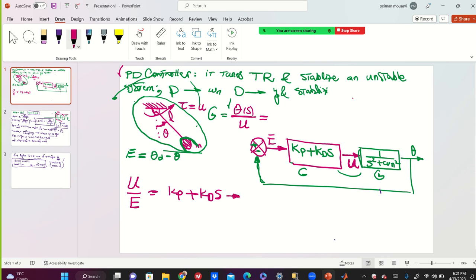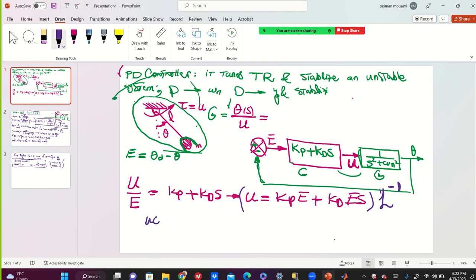Yes or no? So u, on the other hand, is kp e plus kd es. Yes or no? Okay. Now I'm gonna go back to the time domain, because it's an ODE, Laplace inverse.